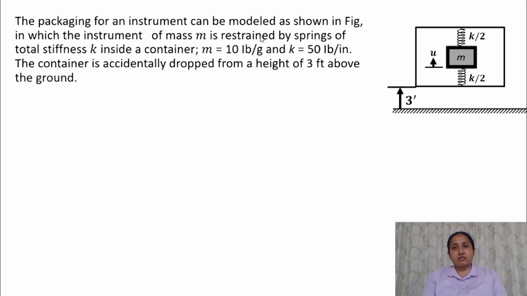The mass of the instrument and the stiffness of the springs are given. And this box, this container, is accidentally dropped from a height of 3 feet above the ground. So we have to calculate a few parameters of this system.